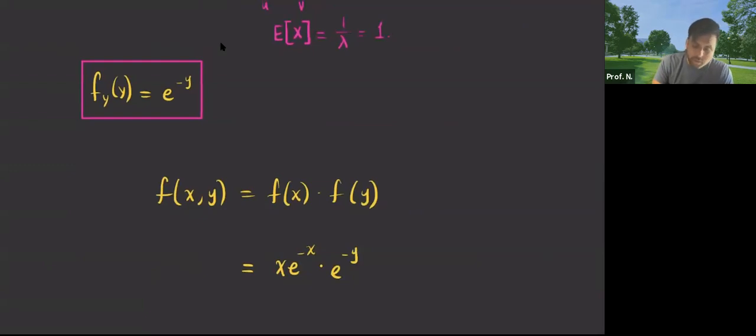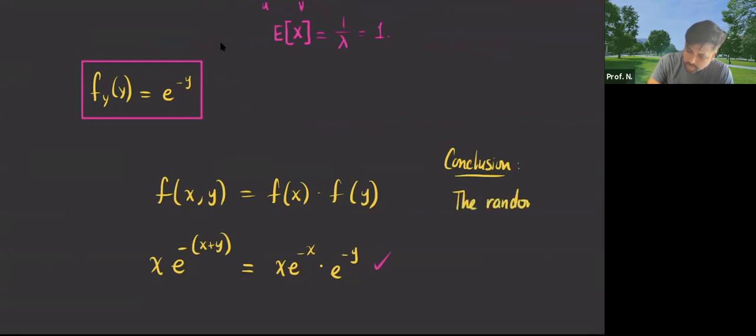If you combine these two things, you get exactly what we started with, e to the negative x plus y. So the conclusion is yes, the random variables x and y are independent.